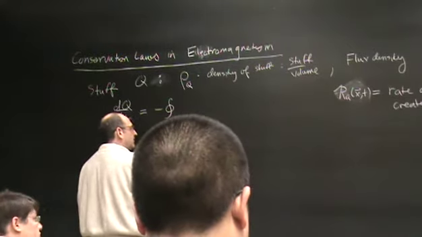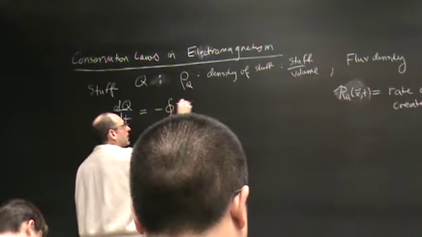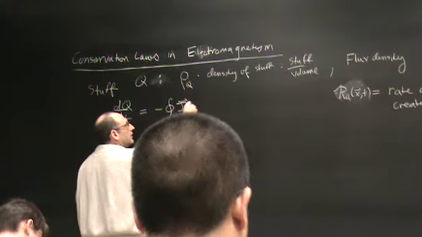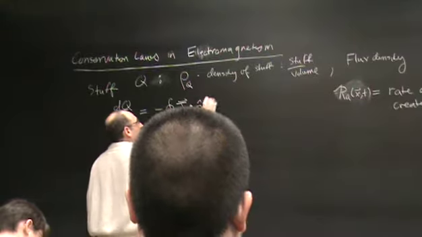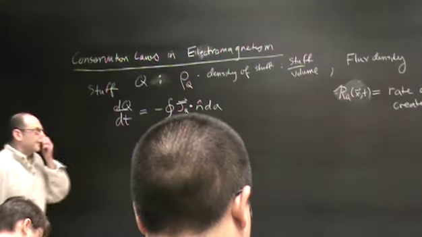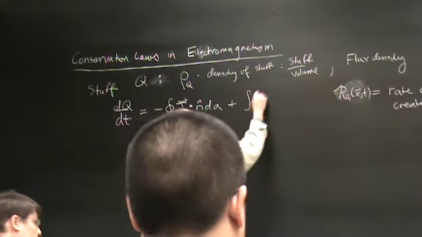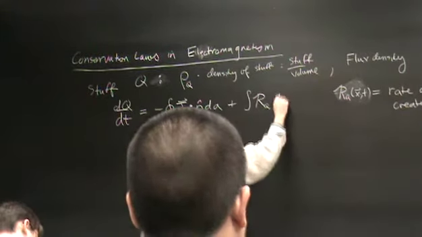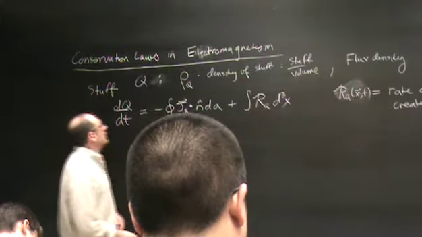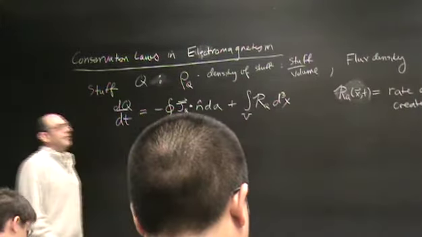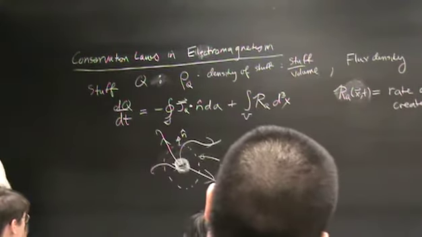So I'll make n have the normal out of it. So I look at the flux of this stuff through that. And it can increase if it's created. So there's some volume integral. This is the surface that bounds the volume. And this is the general form of a conservation law.